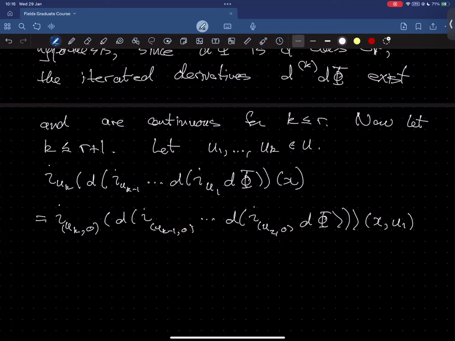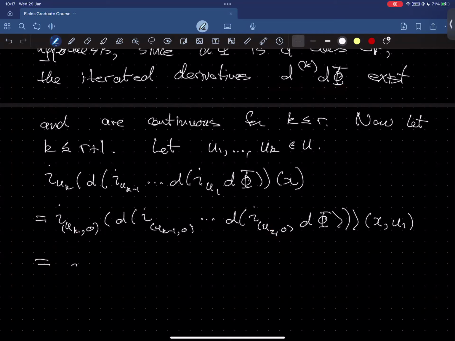Good. This then is equal to, by the induction hypothesis, something I know is defined, because now the order of derivative I'm taking here is k minus 1, going from 2 to k. So that one exists by the induction hypothesis.